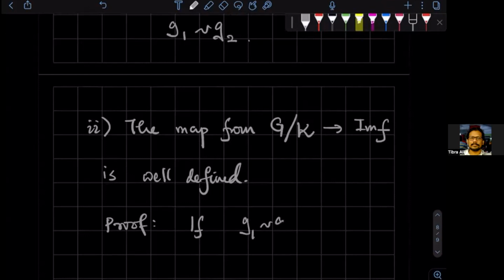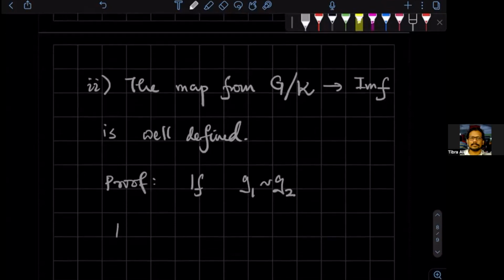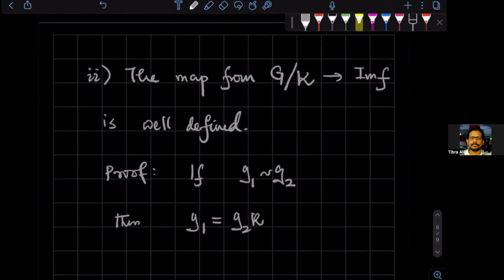if G1 and G2 are coset equivalent, then G1 can be written as G2 times k, for some k in the kernel of f.